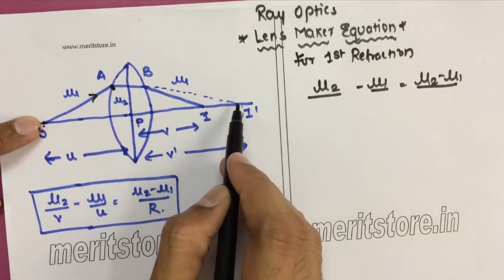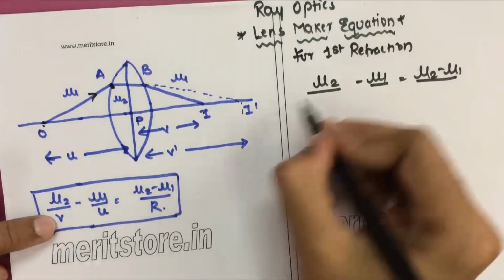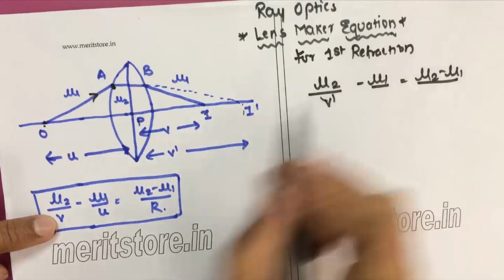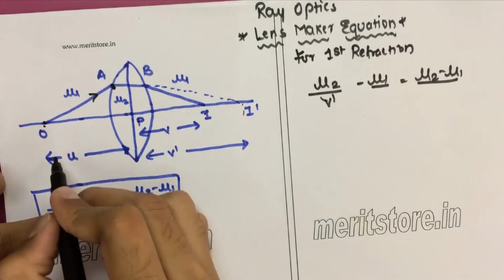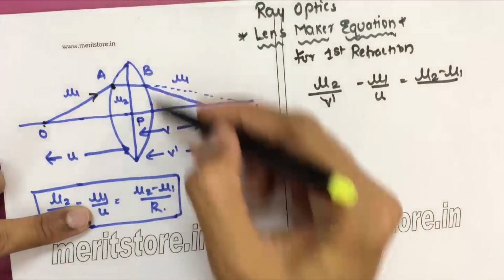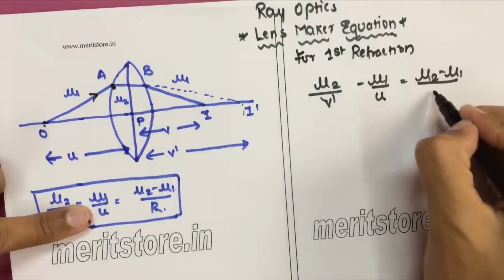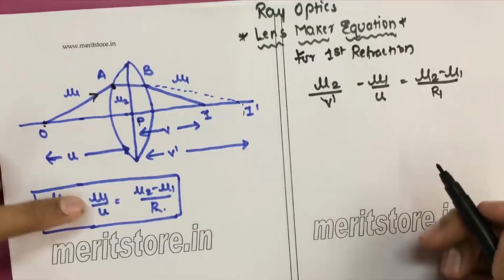It was going to form the image at I dash, so the image distance will become V dash. So instead of V we can write V dash, and U is nothing but U, the object distance, it doesn't change. For R, there are two radii of curvature here. For this side we will take it as R1, for this side we will take it as R2. So here for the first refraction we take R1.